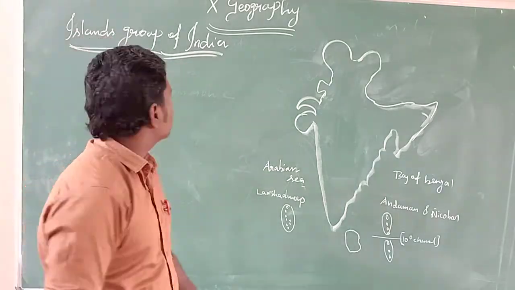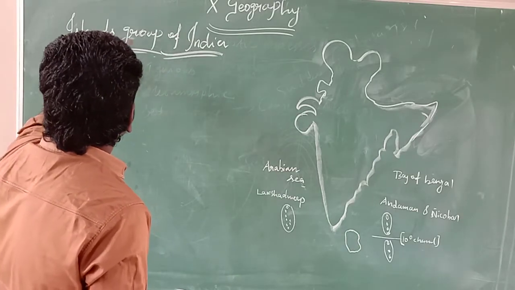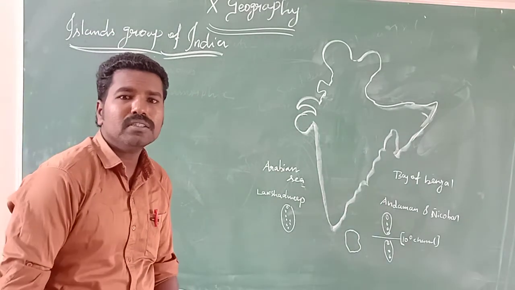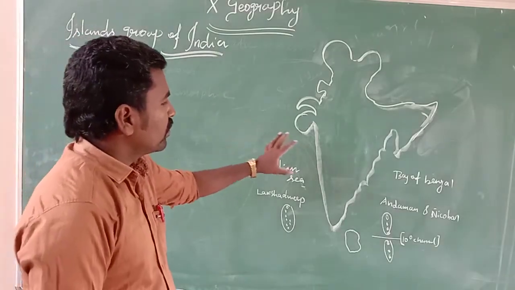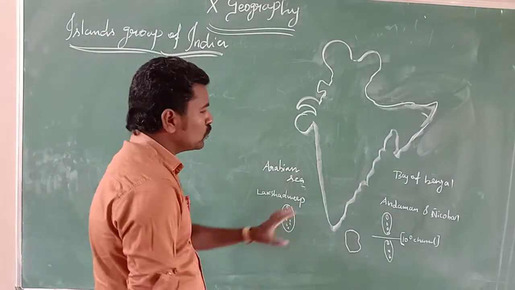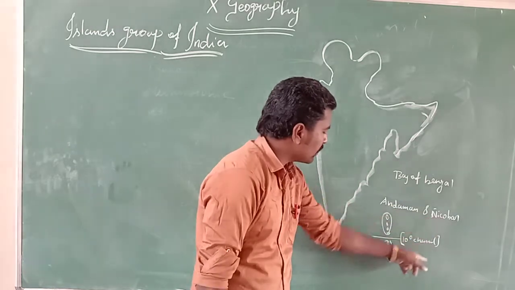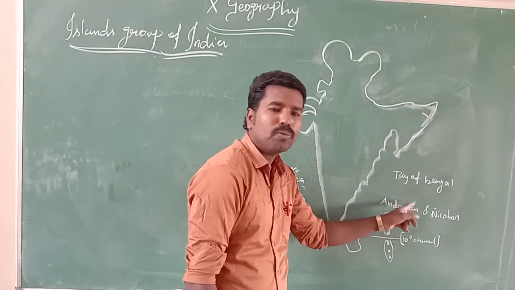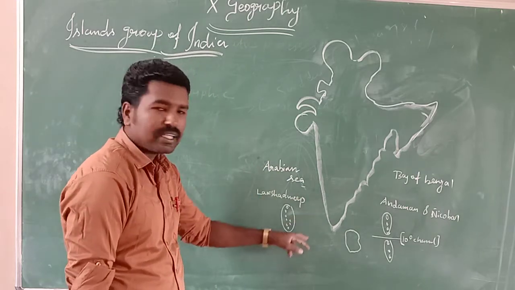Now we're going to discuss the island groups of India. We know very well that India has two island groups. One is the Andaman and Nicobar Island group, and the other one is the Lakshadweep Island group.